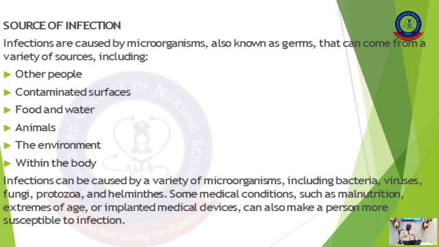Infections can be caused by a variety of microorganisms, including bacteria, viruses, fungi, protozoa, and helminths. Some medical conditions, such as malnutrition, extremes of age, or implanted medical devices, can also make a person more susceptible to infection. Yes, we have a lot of medical implants.